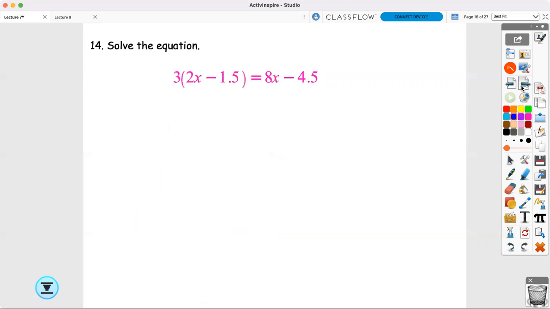All right, moving on. All right, we're on 14. Remember, if you can get started on the problem that's presented itself, go ahead.